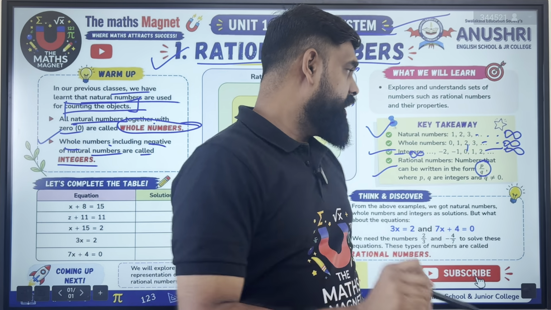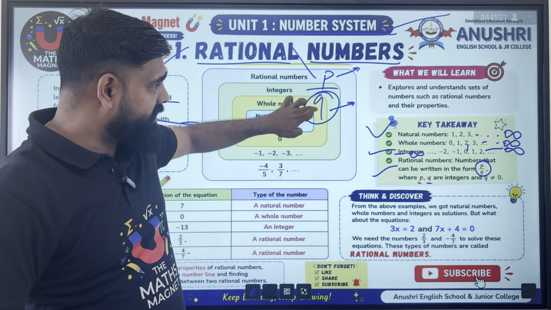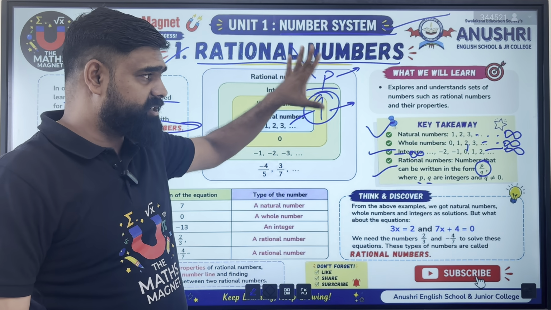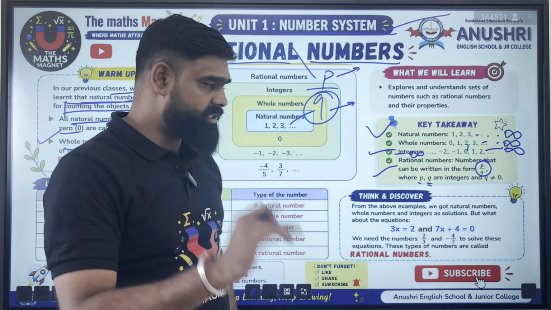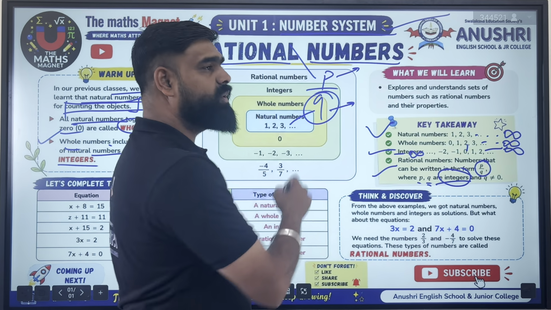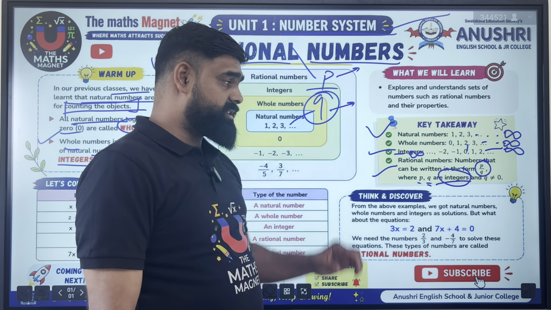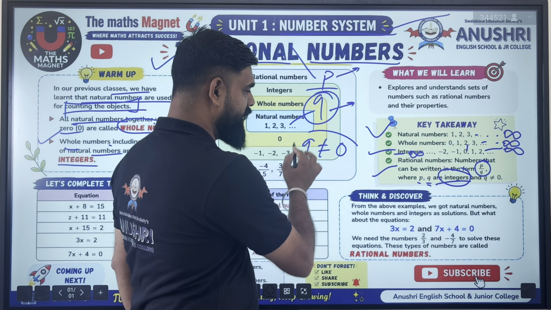Remember one thing here: p and q must be integers. This is very important to remember. But importantly, q can never be equal to 0.